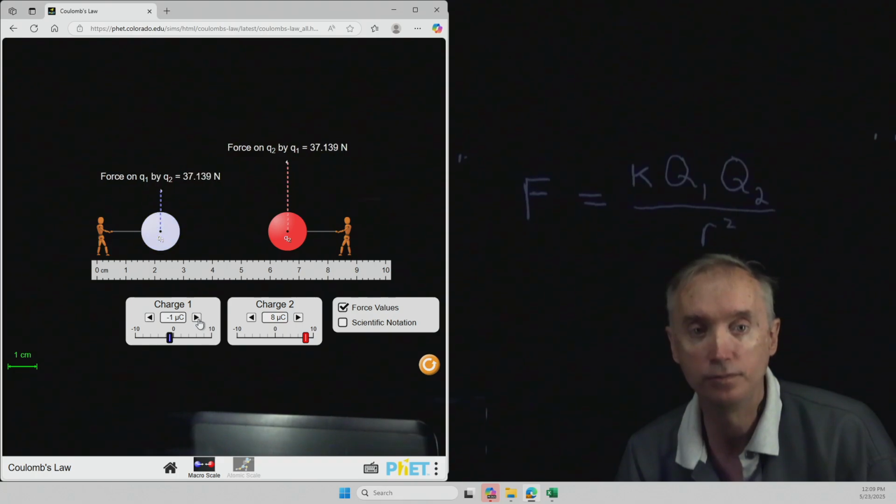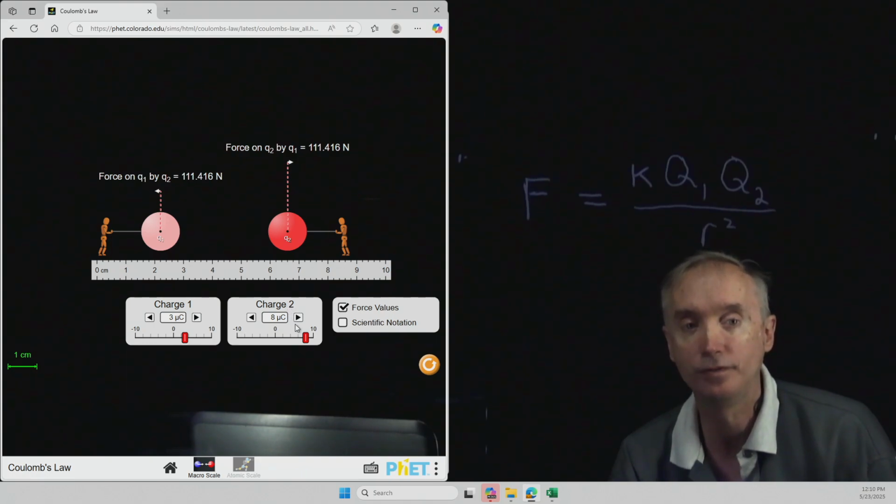So you can make that larger. And notice it could be a positive number, or if you go to the other direction with it, you see that the numbers become negative. So I think I'm going to leave this one as a positive number over here. And then you can also do the same thing to charge number 2. So charge number 2 can be a positive number, or it can be a negative number.